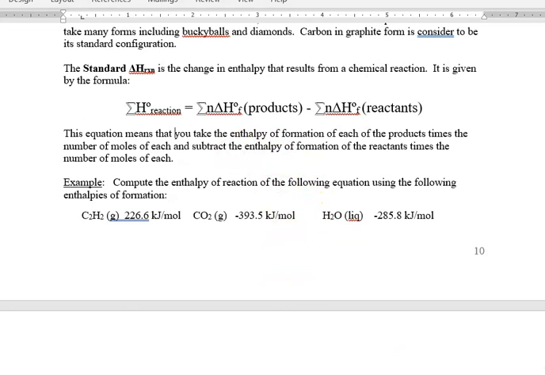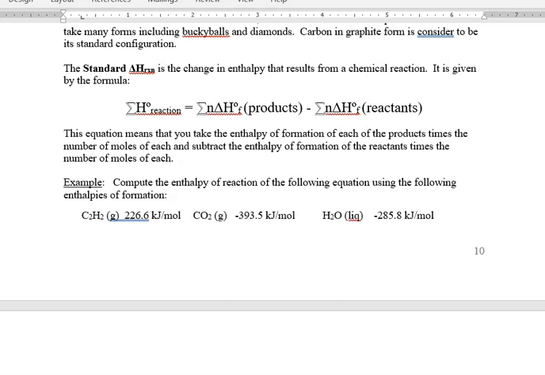Okay, so this equation means that you take the enthalpy of formation of each of the products times the number of moles of each and subtract the enthalpy of formation of each of the reactants times the number of moles of each. So compute the enthalpy of reaction of the following equation using the following enthalpies of formation. So if they asked you this, they would give you these. So C2H2 is 226.6 kilojoules per mole.